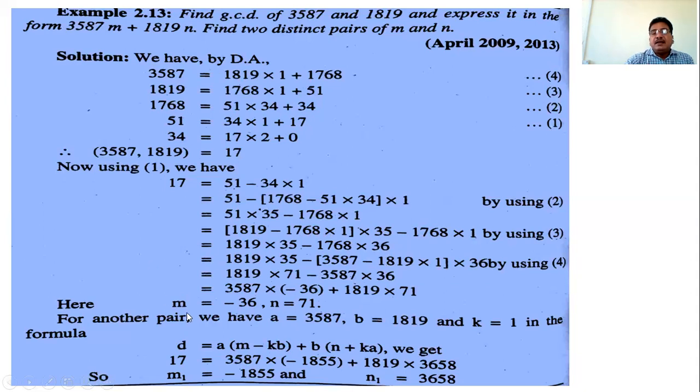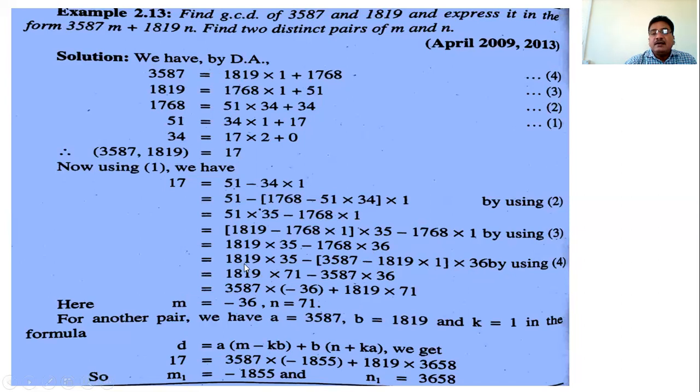Okay, and then use equation number 4 and find the value of 1768. It is 3587 minus 1819 into 1. So substitute here the value of 1768 as 3587 minus 1819 into 1, into 36, and then 1819 into 35. Minus minus becomes plus 1819 into 36.